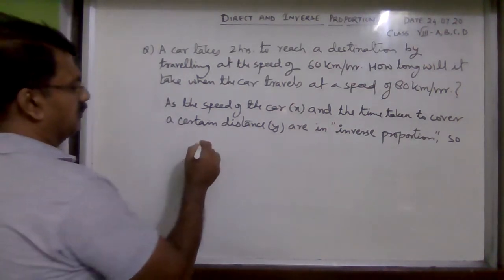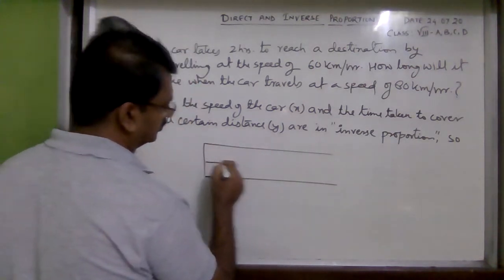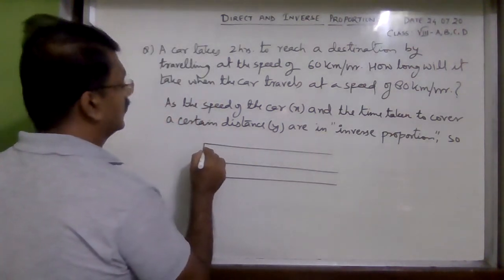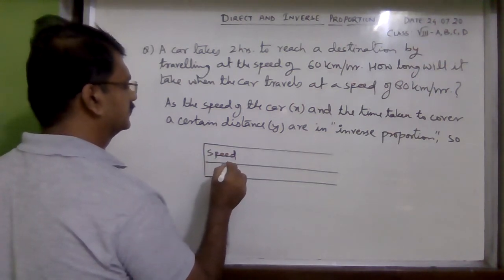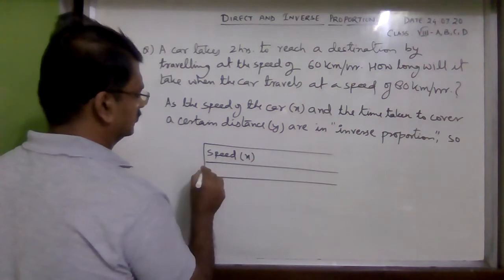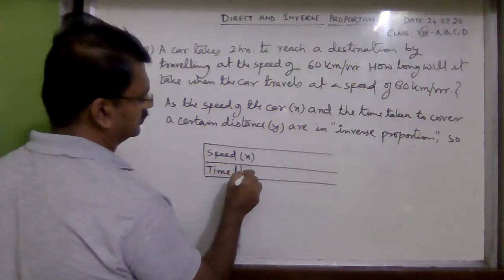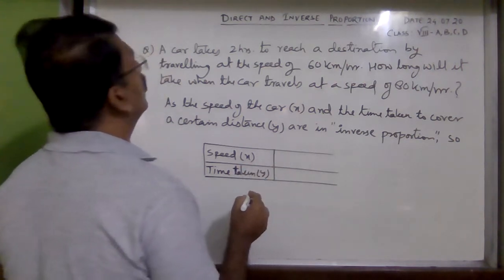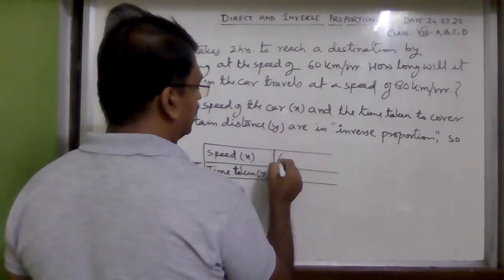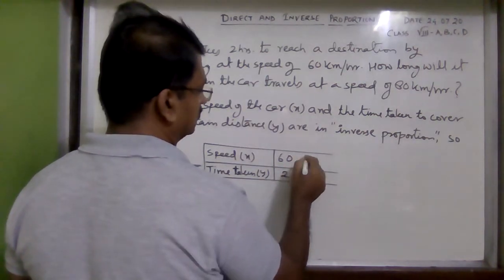So make a table. Speed, time taken. Initially the speed was 60 km per hour and the time taken was 2 hours.